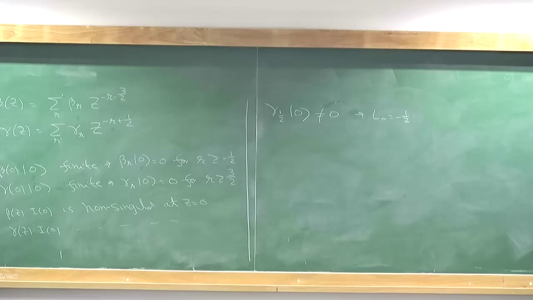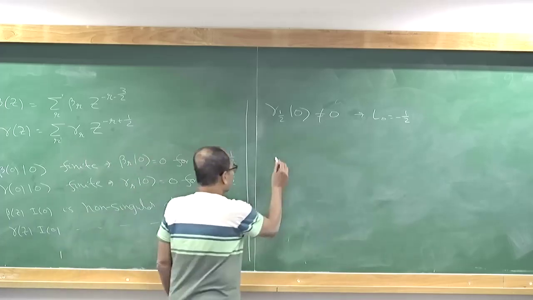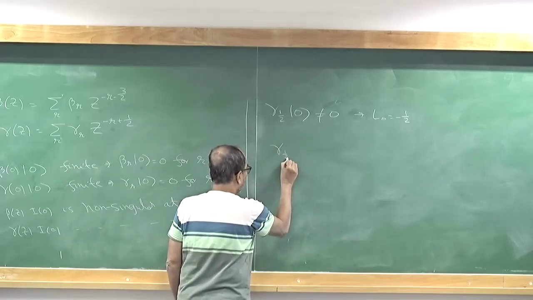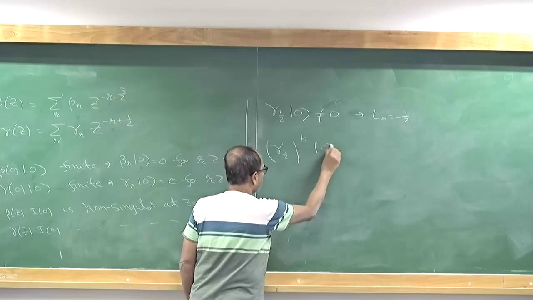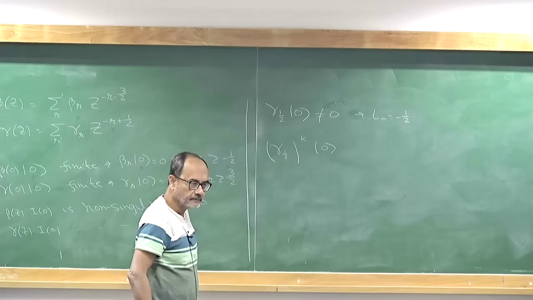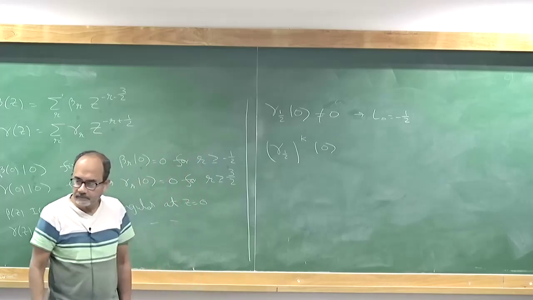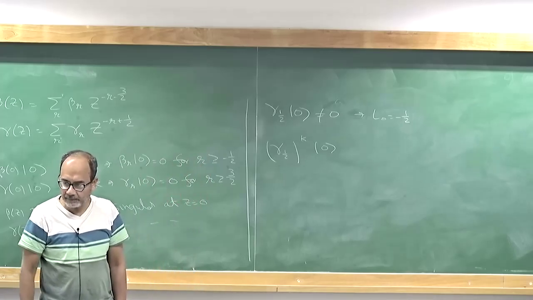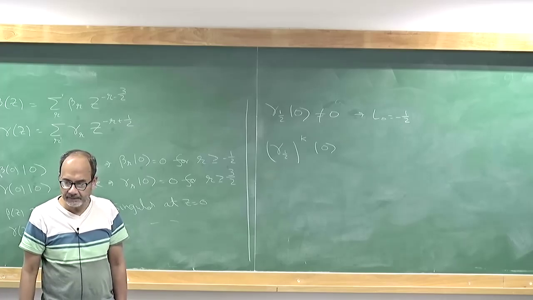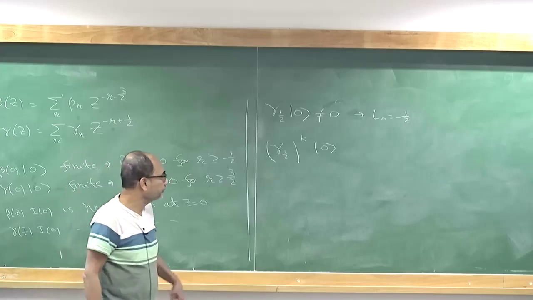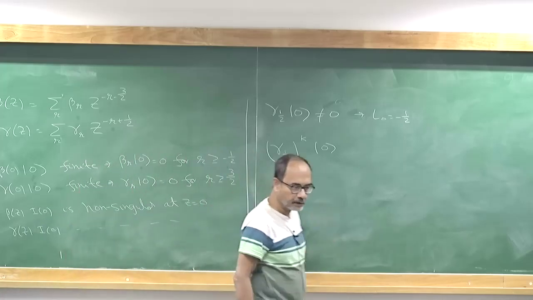So far it's analogous to what happened to C. C_1 acting on a vacuum gave a non-zero state. But now consider gamma half to the power k acting on the vacuum. This you couldn't do for C_1. C_1 squared was 0, right? Because C was a Grassmann odd, fermionic operator. This is a Grassmann even operator, so gamma half squared is not 0.